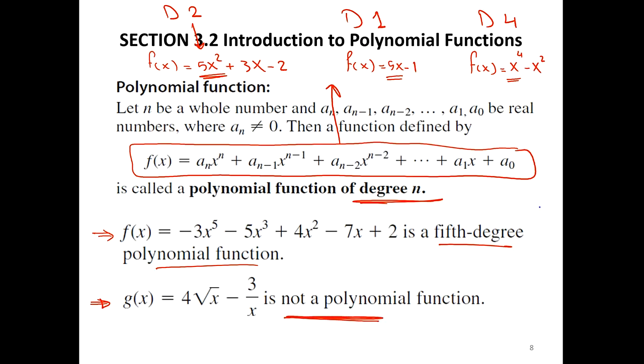Because we have x in the denominator. When we raise this x up, we have x to the power negative 1. This is not a positive integer. The exponent must be a positive integer, so we have x to the power 1, 2, 3, 4, 5 to infinity. But we don't have x to the power half, or an exponent of minus 1. So this is not a polynomial.